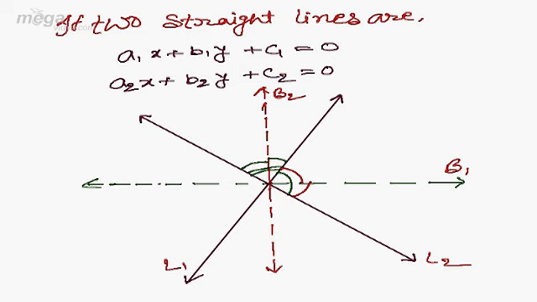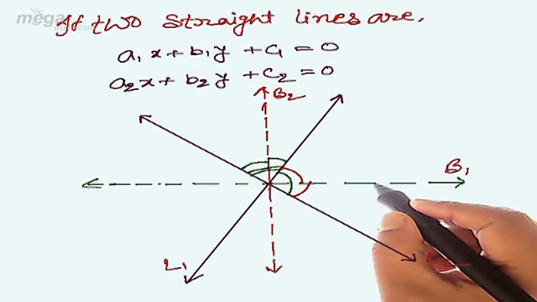So student, in the last class we did the distance of a point from a given straight line, and in class 9th or 10th you learned that any point on the angle bisector is equidistant from the two given straight lines.